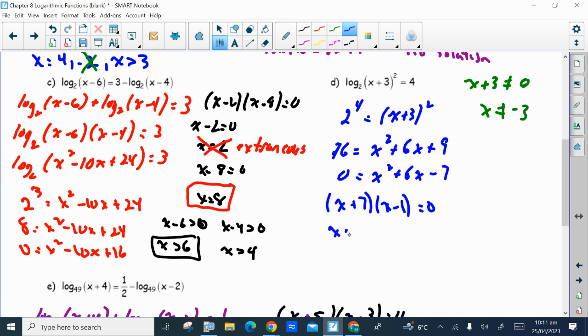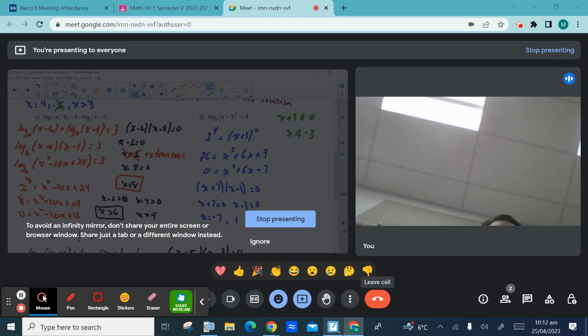And that gives us two different solutions. Remember, they occur when each factor equals 0, which gives us negative 7 and positive 1. Now again, our only restriction here is that x cannot equal negative 3, so that does not eliminate any of our solutions.